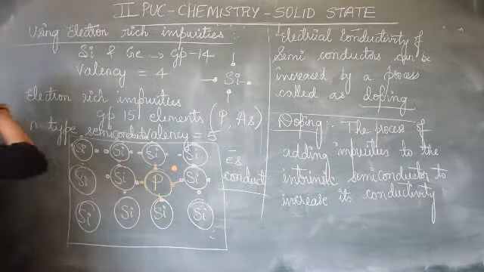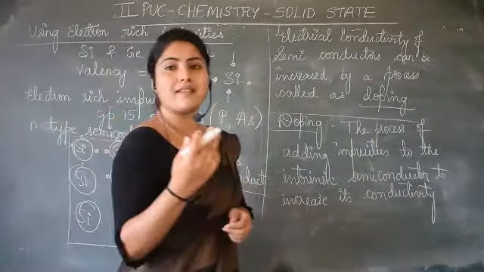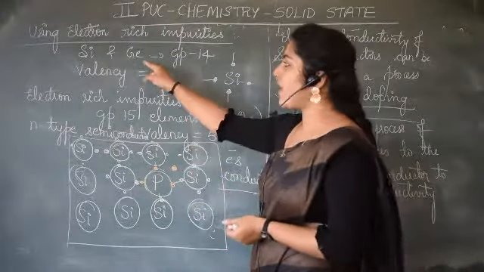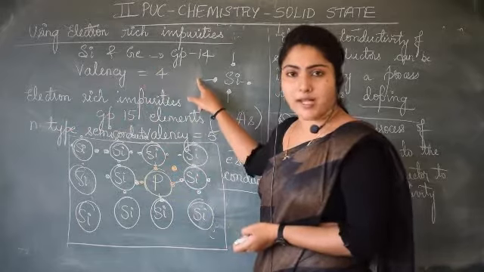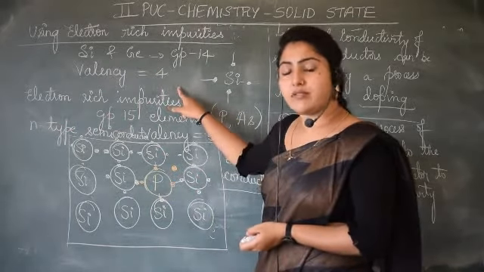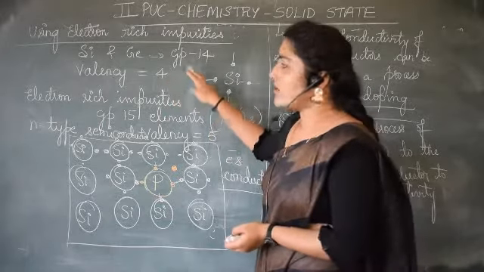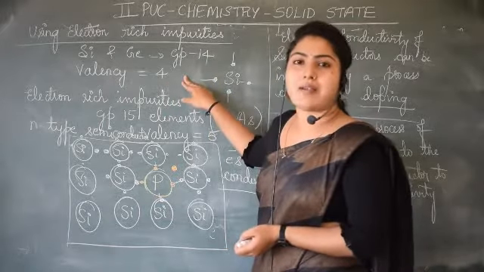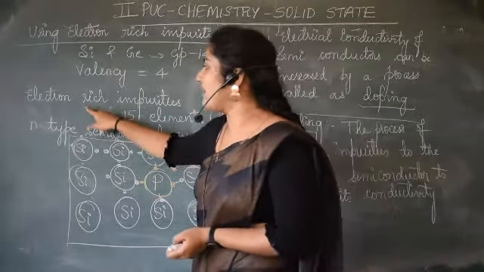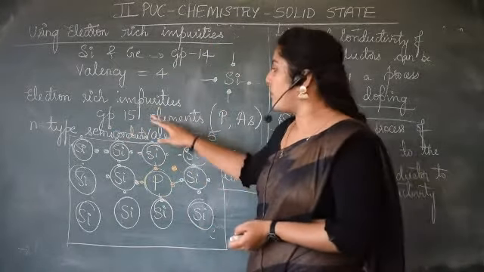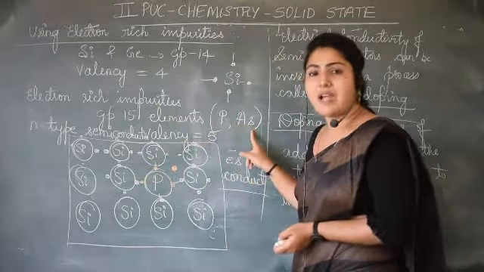If I have to ask you to explain about N-type semiconductor, you can say silicon and germanium belong to group 14, and the valency of silicon and germanium is 4. This intrinsic semiconductor is doped with electron-rich impurities of group 15 elements like phosphorus or arsenic.